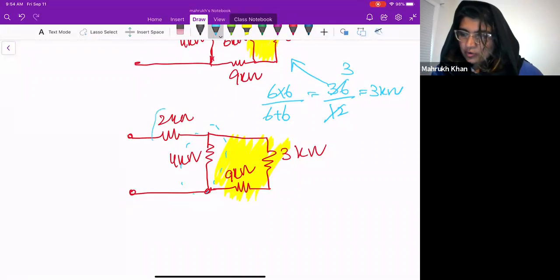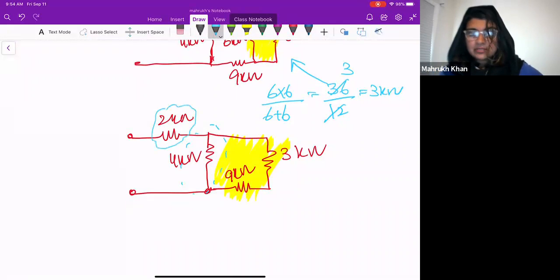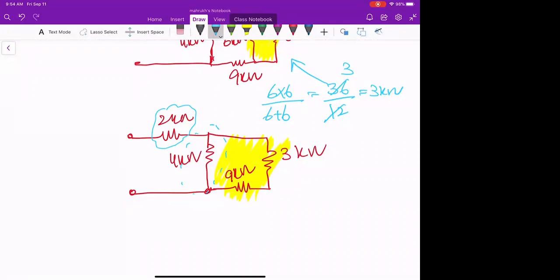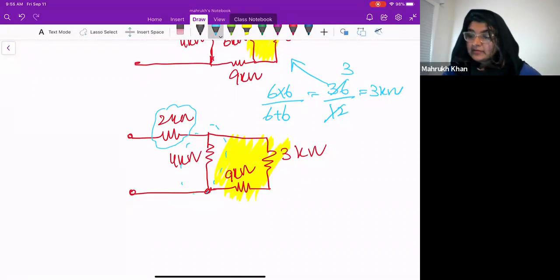there is a 2 kilo ohms resistance here. What happens if there is no 2 kilo ohm resistance? Will it be in series or parallel? It would be series because then the current wouldn't get split. Yes, it would be in series even if you have these two terminals out, right?